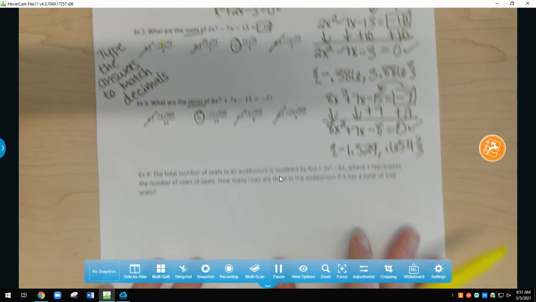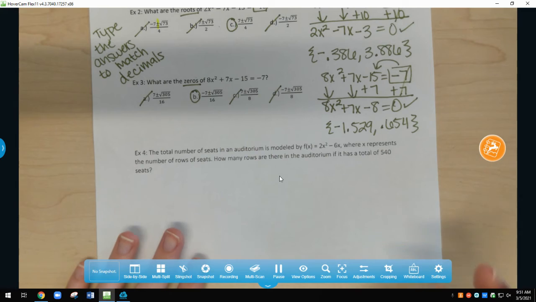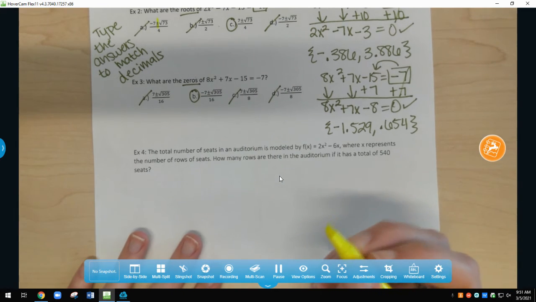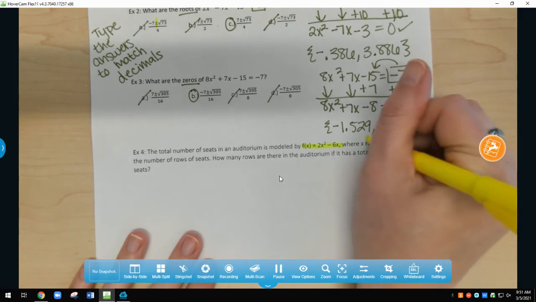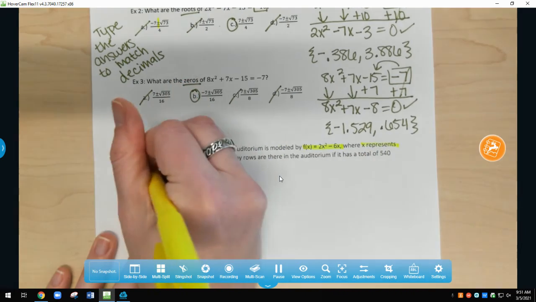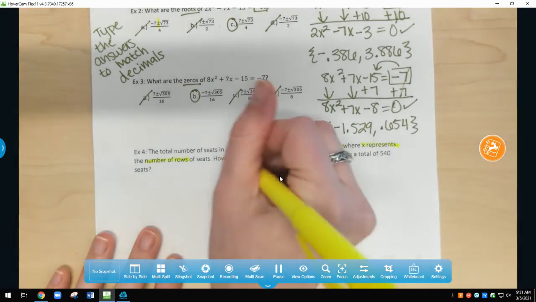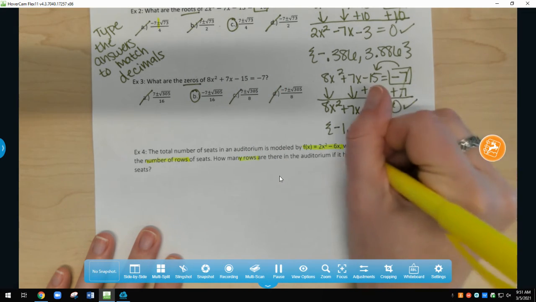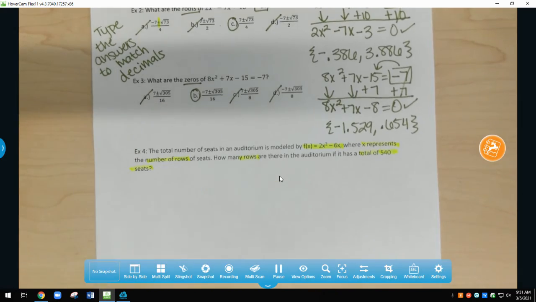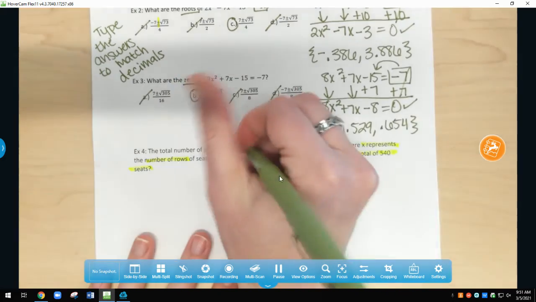Okay, let's look at this word problem. The total number of seats in an auditorium is modeled by this function, where x represents the number of rows. How many rows are there in the auditorium if it has a total of 540 seats? So I'm looking for rows.